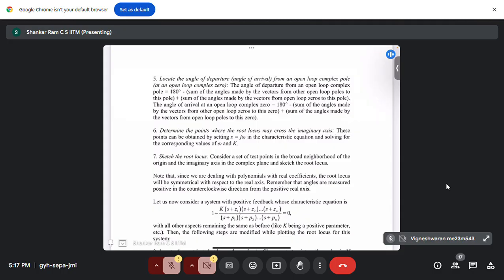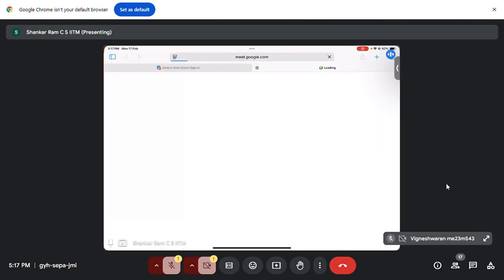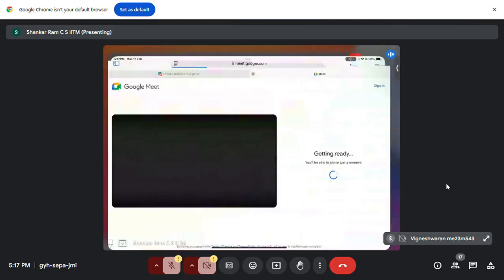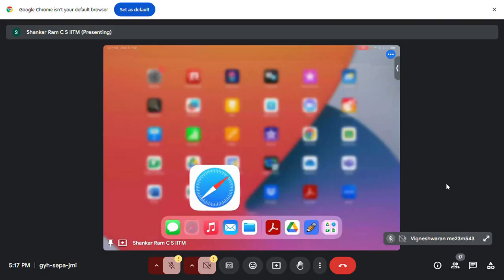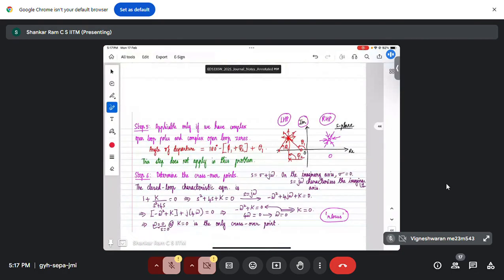So how did we get this formula? Once again, let's understand the intuition behind this. Please note, point number one, step number 5 applies only if you have complex open loop poles and complex open loop zeros.